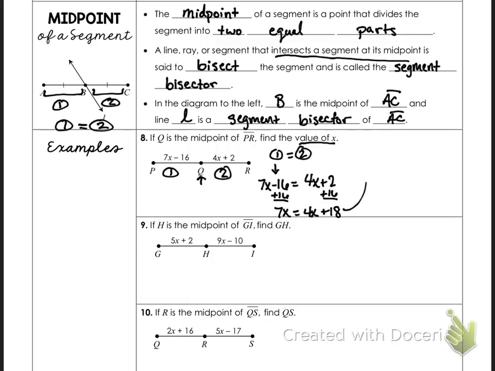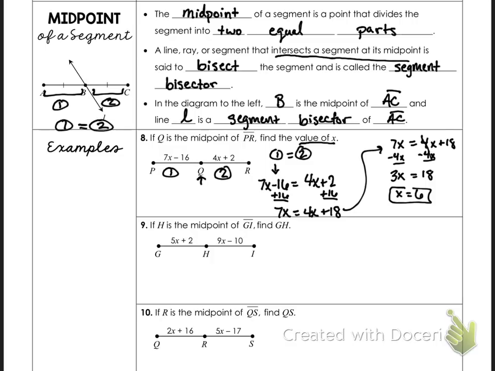Then subtract 4x from both sides to get that to cancel. We get that 3x equals 18, and x is equal to 18 divided by 3, which is 6. So we had to find the value of x, which was 6.